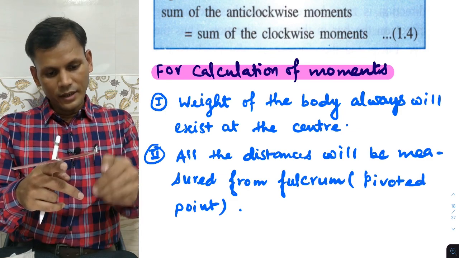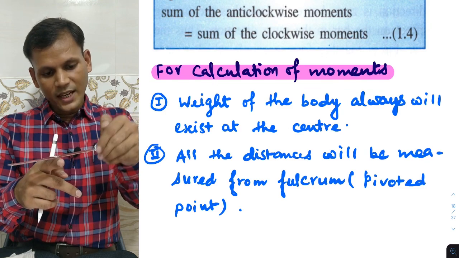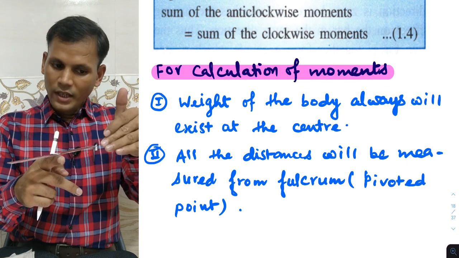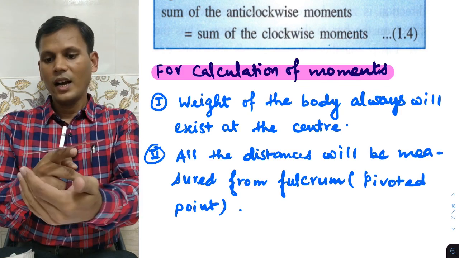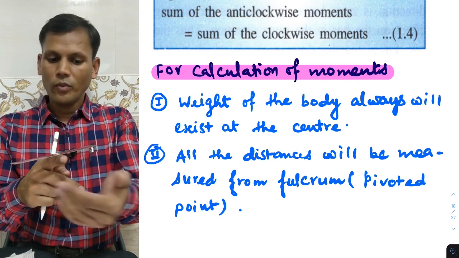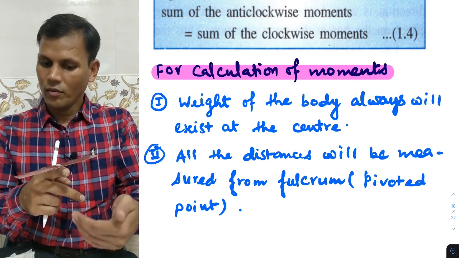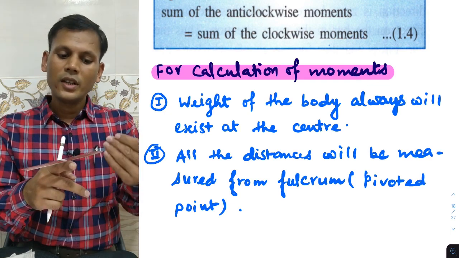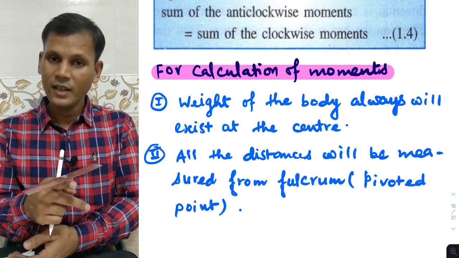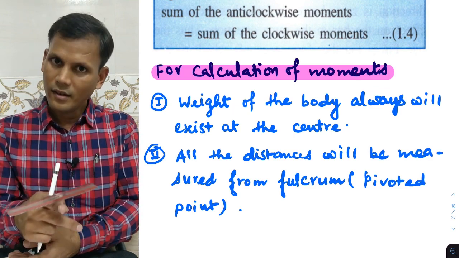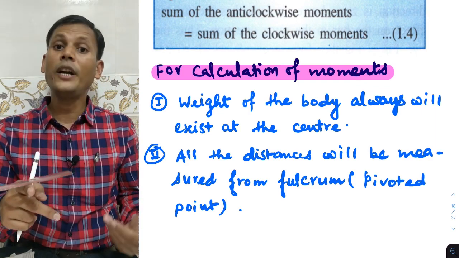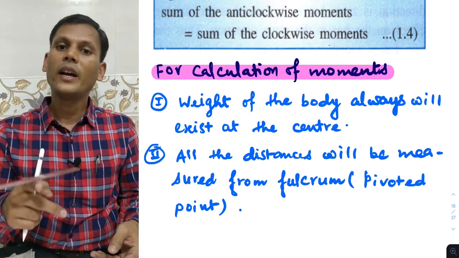If we attach the weight on this side, it wants to move in this direction, so the direction of moment will be this one, and the weight on the other side will keep it in the other direction. So one is clockwise, another is anti-clockwise. If the moment on this side equals the moment on this side, the body will be in equilibrium. And for equilibrium we have already said, clockwise moment must be equal to anti-clockwise moment.